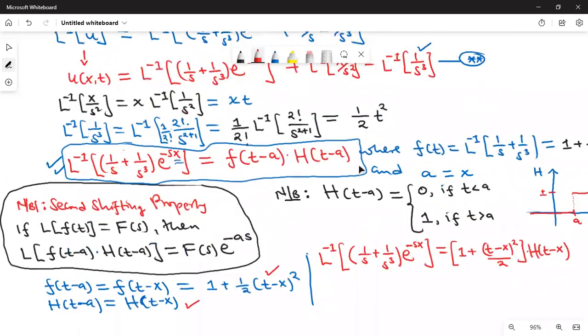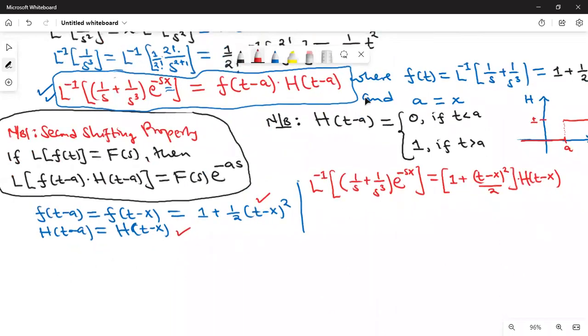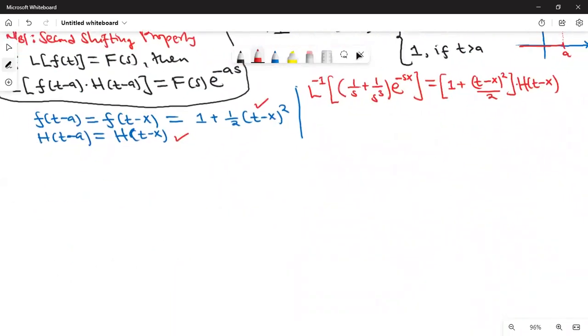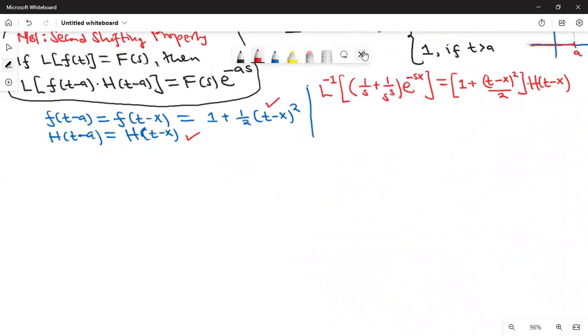So let's substitute what we have found into equation star. Upon substitution, we are going to get u of x, t on the left hand side.